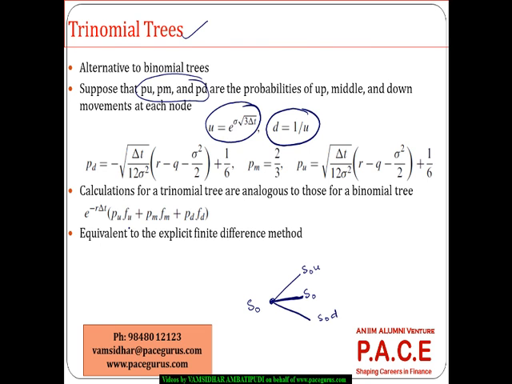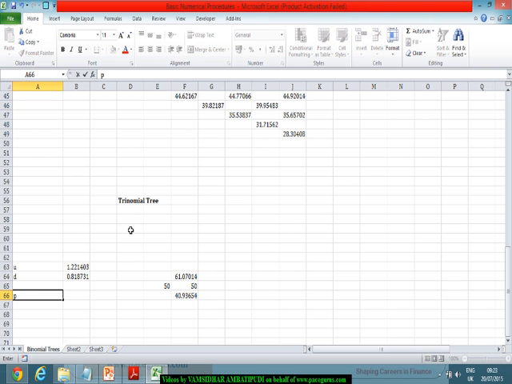The probability of middle, we are directly getting it as 2 by 3.